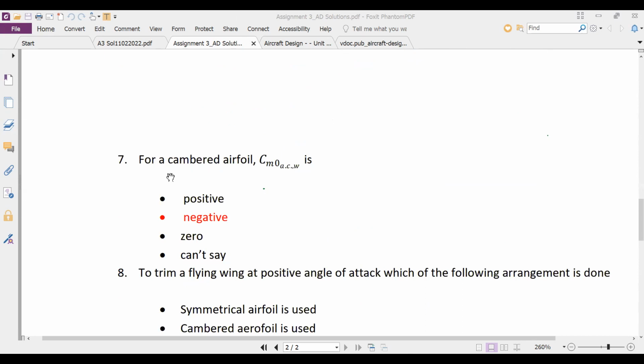For a cambered airfoil, Cm naught as ACW is given negative, right? So my question is first, what is Cm naught? Anyone would like to answer? Yes, sir.